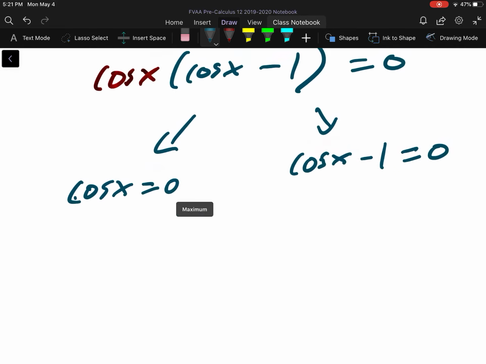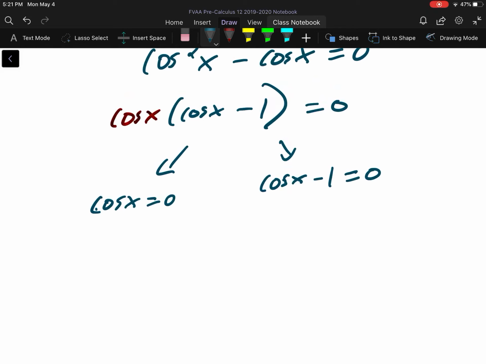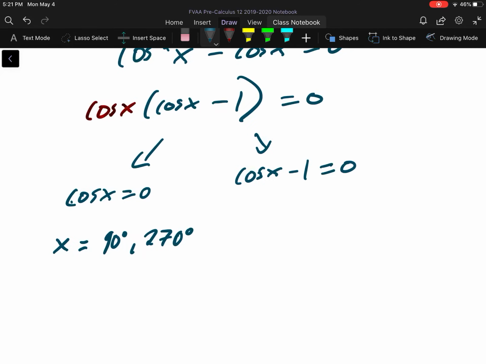Okay, so at what degrees does cos x equal 0? Well, in degrees, that's 90 degrees and 270 degrees. Cos x is equal to 0. All right. Now for this side, I'm going to add 1 to both sides. And that's going to give me cos x is equal to 1.